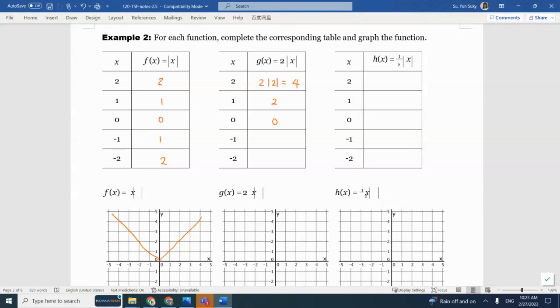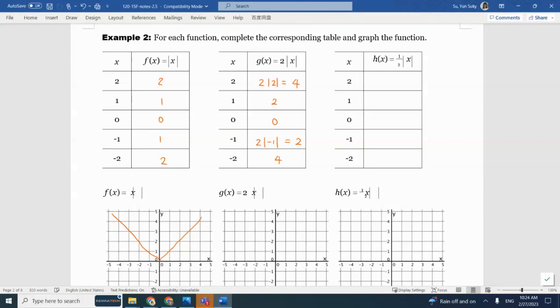So this is the formula. 2 times absolute value of -1. What is absolute value of -1? 1. What's 2 times 1? 2. So it is 2. Correct, right? What happens if we plug in -2? 4. Right, everybody?